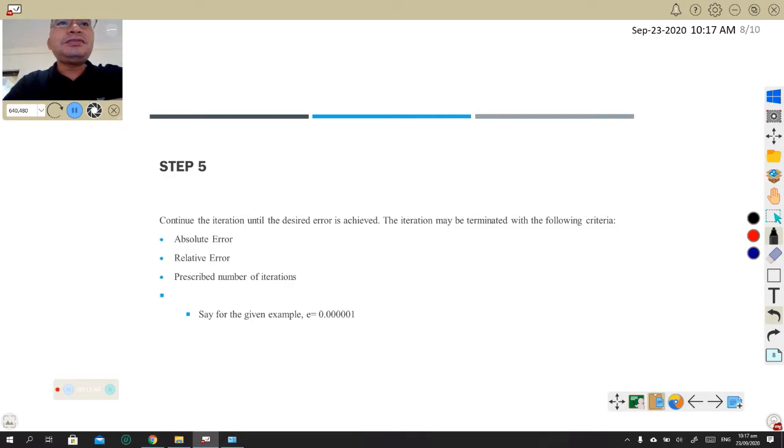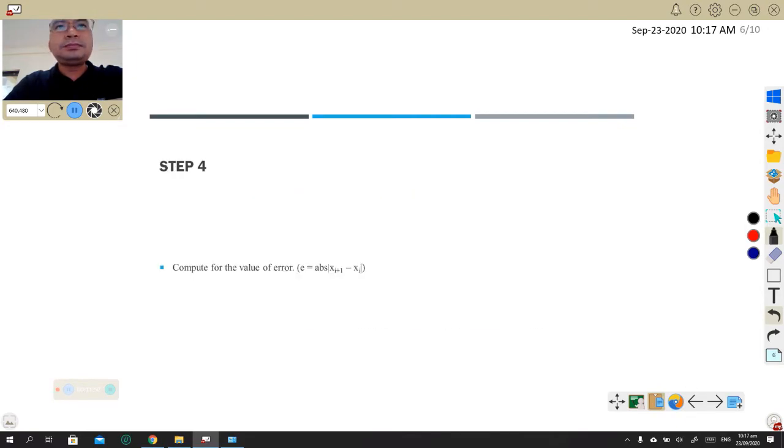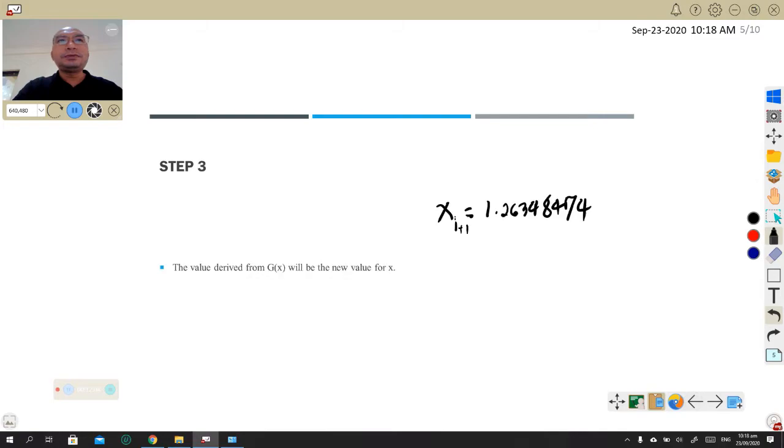So step 5 is to continue the iterations desired. Step 4, we forgot about step 4. We have here step 3, step 4.